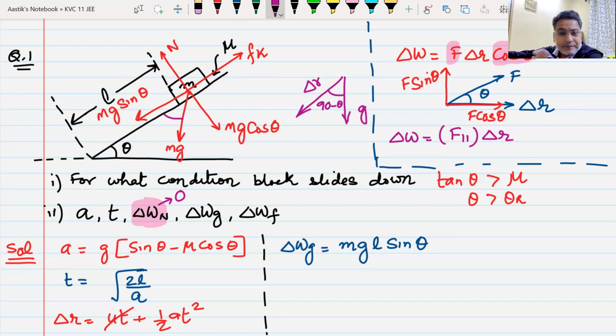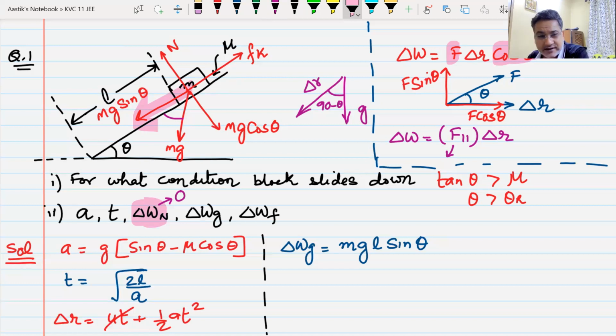What does this F parallel stand for? It stands for the component of force in the direction of displacement. Now you can see gravity's component in the direction of displacement is mg sin theta.